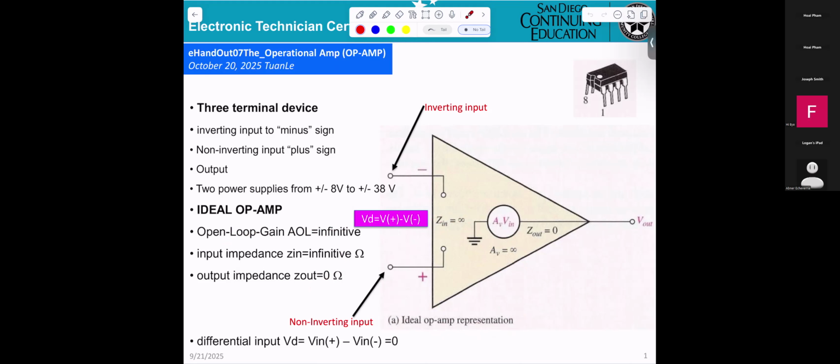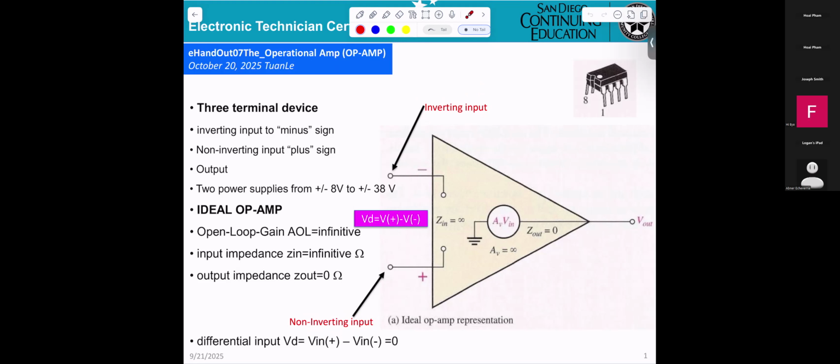So when you're looking into the op-amp, you have to recognize which one is the positive input, the non-inverting, and which one is the negative input, the inverting.